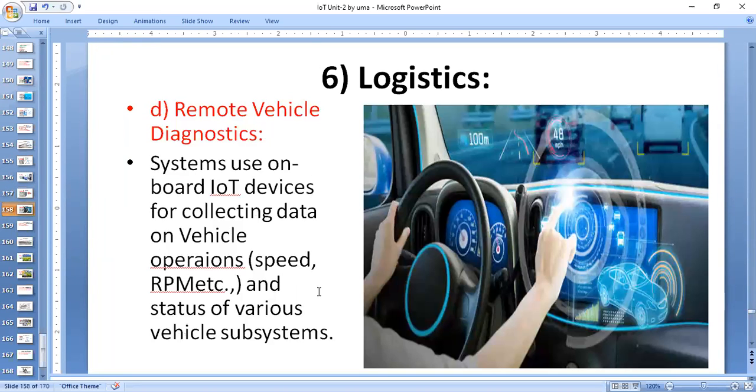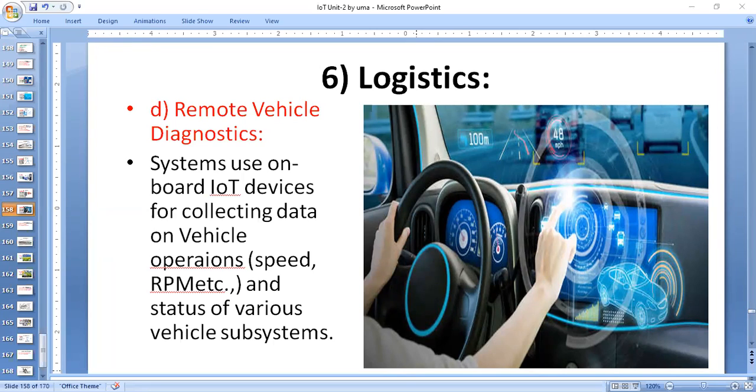Next important one is remote vehicle diagnostics. Diagnostics here means identifying the faults in the vehicle. What are the vehicles having different faults? Even though a fault exists, the vehicle should run.